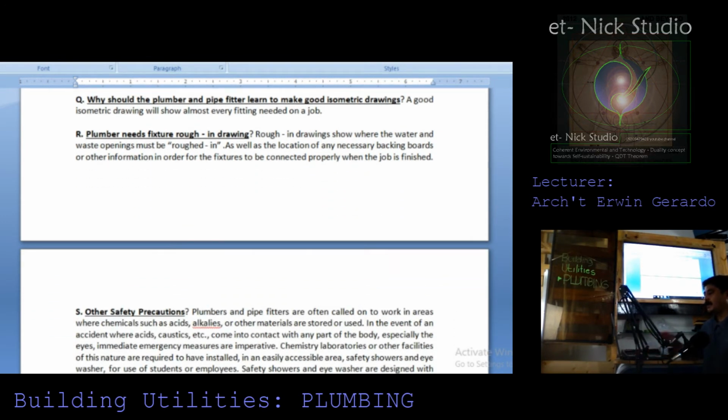Why should the plumber and pipe fitter learn to make good isometric drawings? A good isometric drawing will show almost every fitting needed on a job.